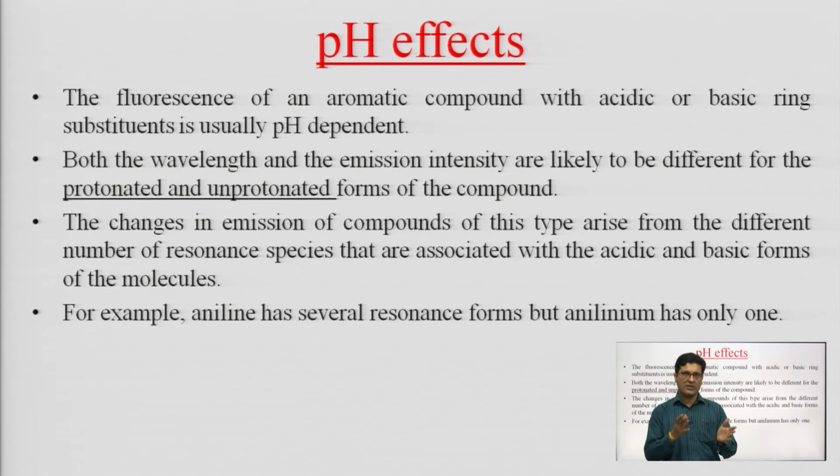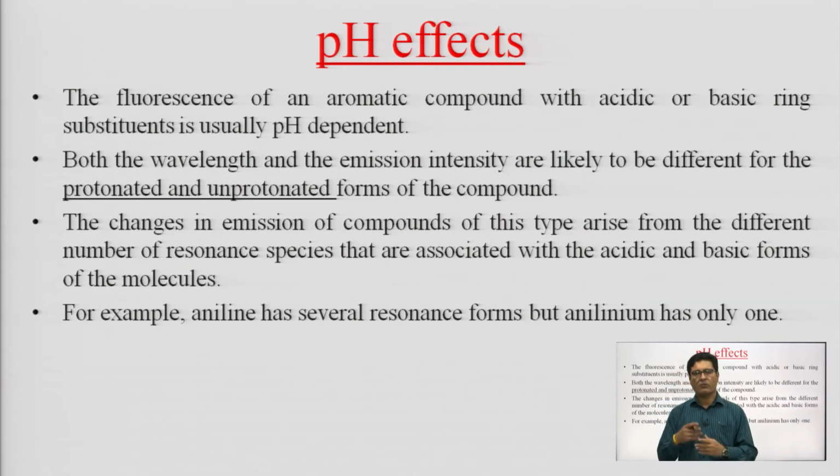Because at different pH values, we know that such ionic compounds generally exist in two different forms: either in the protonated structure, or in the deprotonated or unprotonated structure. And the emission patterns of the protonated form and the unprotonated form are totally different.